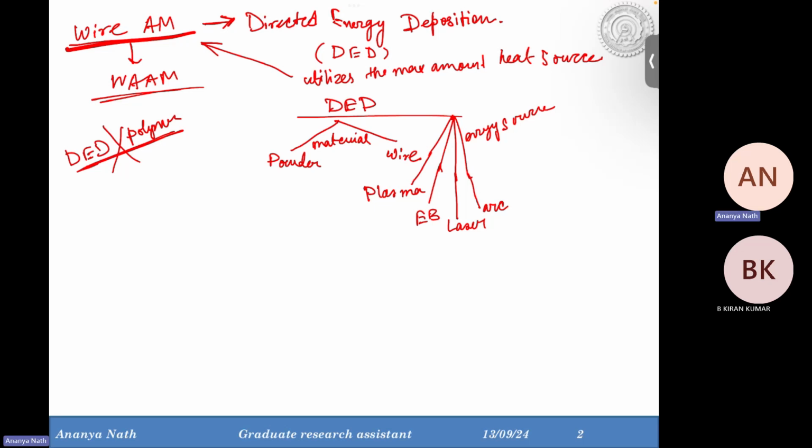But people use PBF for different applications and DED for different applications. You will see NASA is using DED and laser PBF both to print their parts for different applications. They are using WAAM, wire laser, powder laser, and laser powder bed fusion. Now we were talking about the WAAM process.